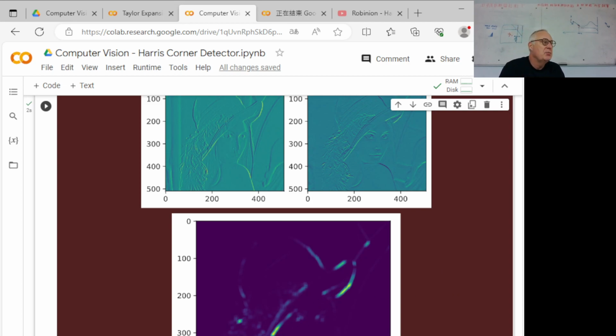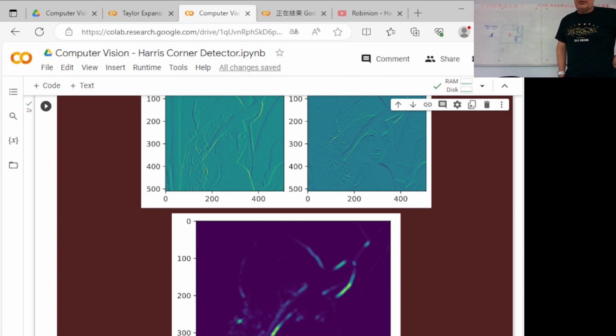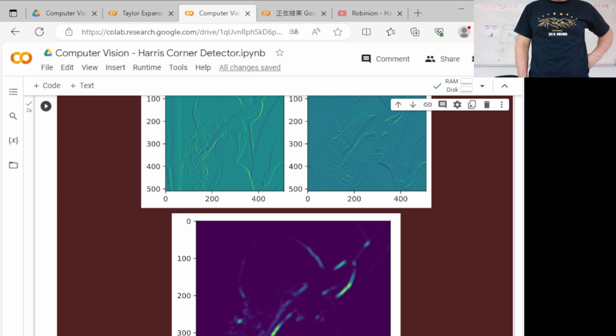Because it's basically an edge. So that's why we need to have a more sophisticated algorithm. That's why multiplying the gradient together in x and y doesn't work.